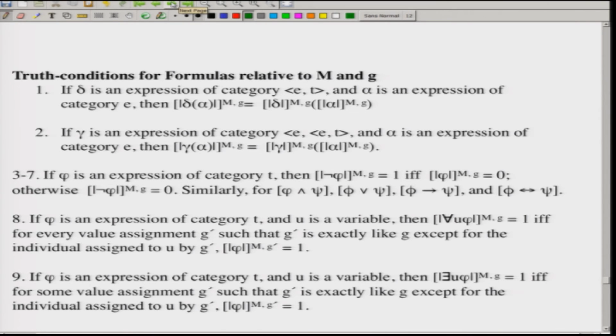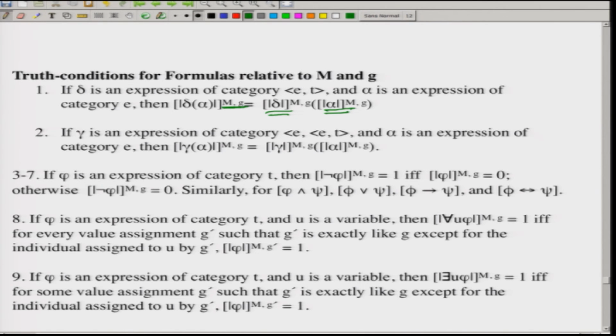If delta is an expression of category e to t, that is 1 place predicates, and alpha is an expression of category e, then the value of delta alpha, of course not talking about the index which is always there, which is M comma g, will be the value of delta applied to alpha as an argument.